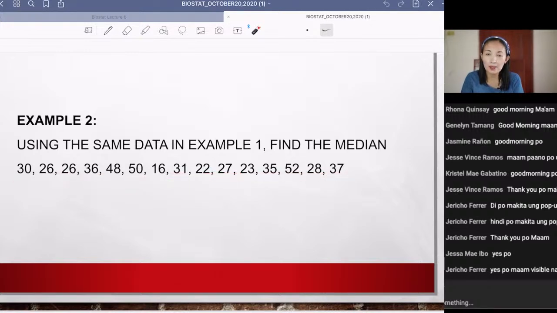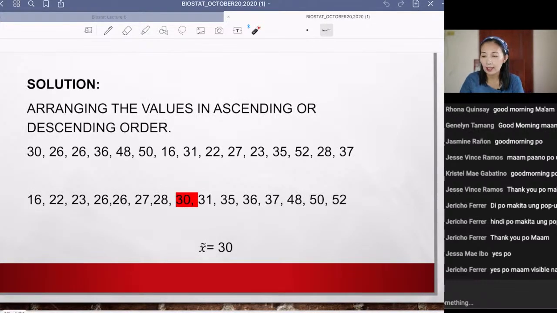So 15 plus 1 is 16, divided by 2 is 8. So therefore, we are looking for the 8th score in the data set.